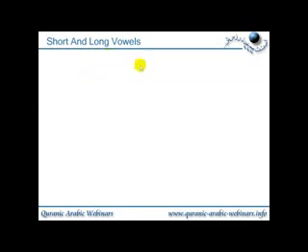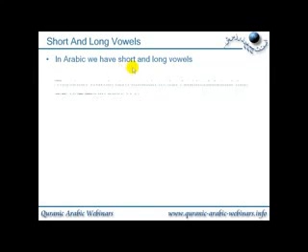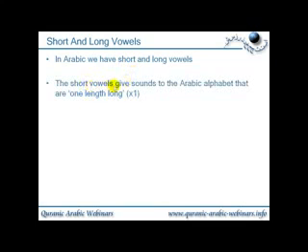Short and long vowels in Arabic. In Arabic we have short and long vowels, so some of them give long sounds and some give shorter sounds. The short vowels give sounds to the Arabic alphabet that are one length long. Our notation is going to be times 1, to indicate that you should only pronounce it one long.